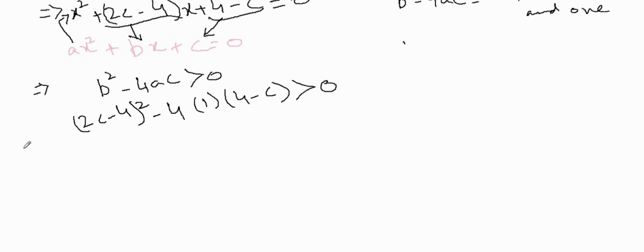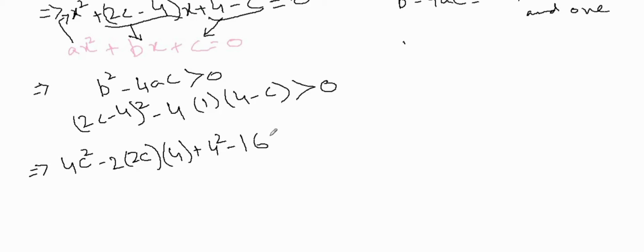Now solving this, it becomes 4c squared minus 2 times 2c times 4 plus 4 squared, minus 4 times 4 is 16, and minus 4 multiplied by minus c is plus 4c is greater than 0.